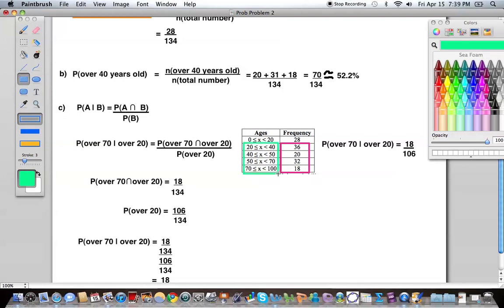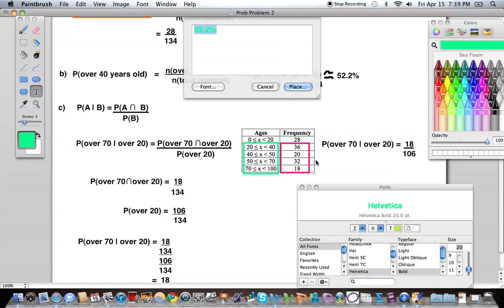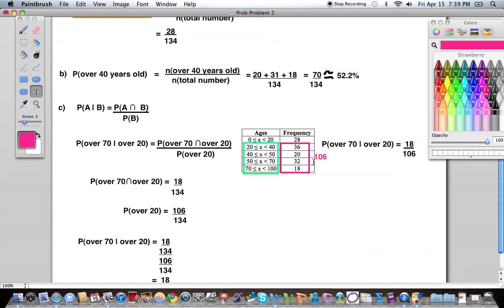We know that anyone between the ages of 20 and 100 is 20 or over. So we add 36, 20, 32, and 18, and that will give us 106. So we know that there are 106 passengers that are all 20 or over.